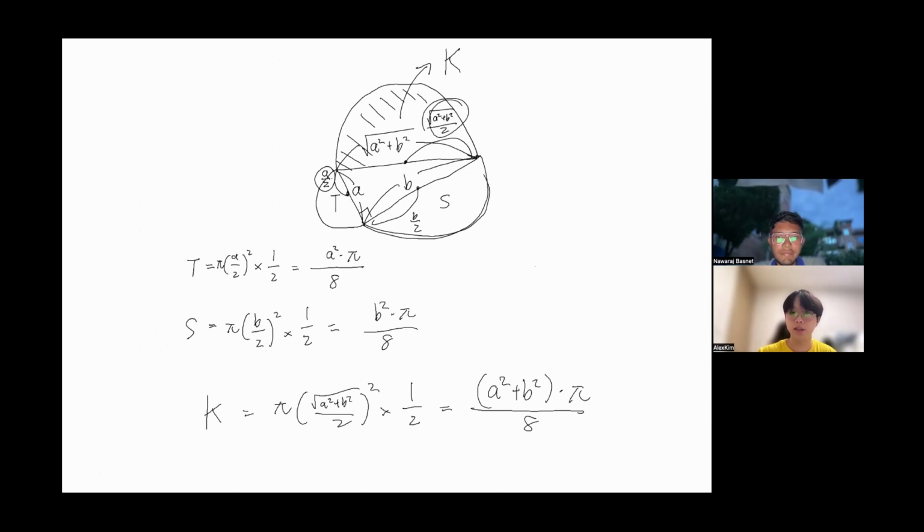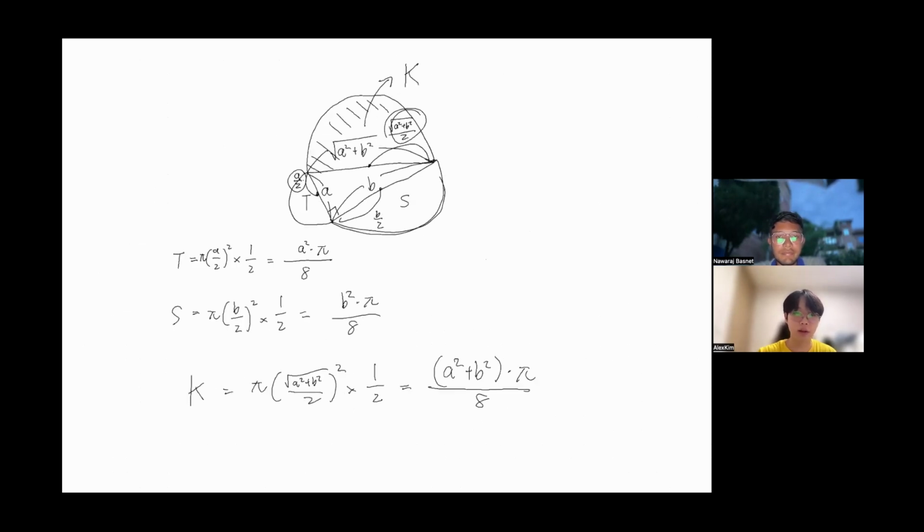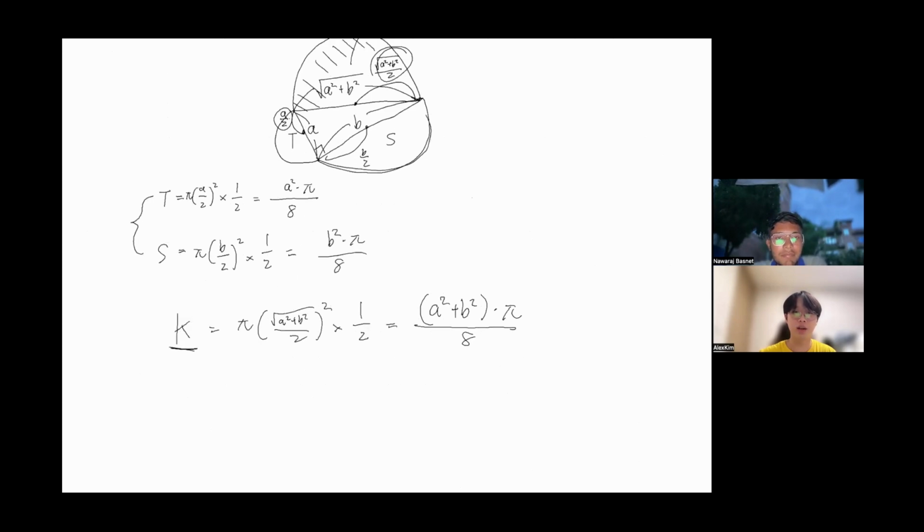And the question asked us to rewrite the area of K in terms of T and S. So how will we do that? That's why we changed the areas of T and S into these two, so that they use the same variables as the area of K.